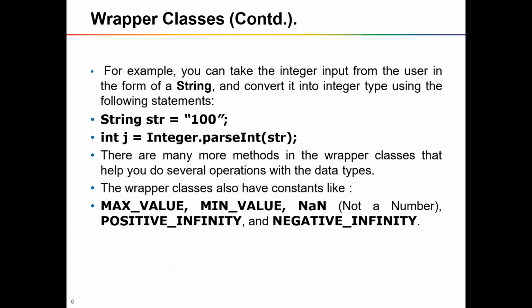Likewise, inside the wrapper classes we have other methods to manipulate your data. parseInt(str) allows you to convert string data into an actual number. Apart from the predefined methods of the Integer wrapper class, we have constants like maximum value, minimum value, not a number. These are predefined constants which are part of the Integer wrapper class.